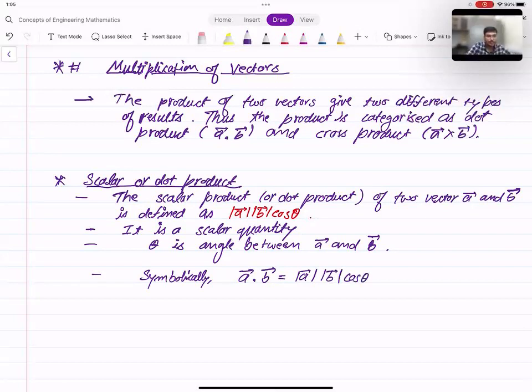So this dot itself between the two vectors gives the name dot product. And this type of product of vectors is commutative in nature. So the scalar product is commutative.